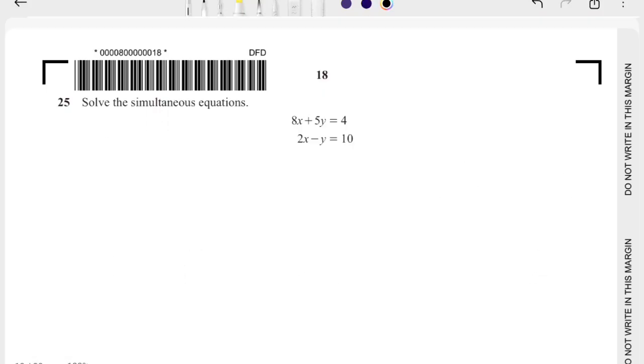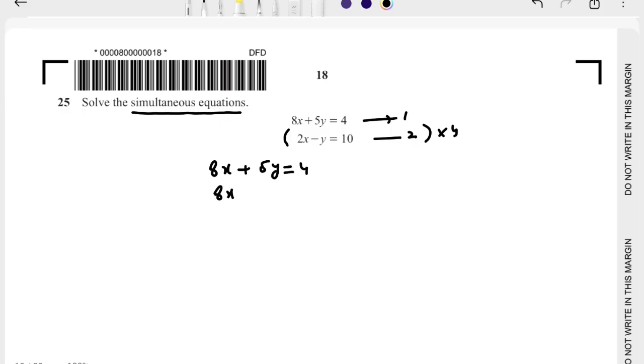Next question, solve the simultaneous equations. Equation number 1 is 8x plus 5y is equal to 4, and equation number 2 is 2x minus y is equal to 10. So if we multiply equation number 2 by 4, the coefficients of x are the same. So let me write equation number 1, 8x plus 5y is equal to 4. And the other would be 8x minus 4y is equal to 40.